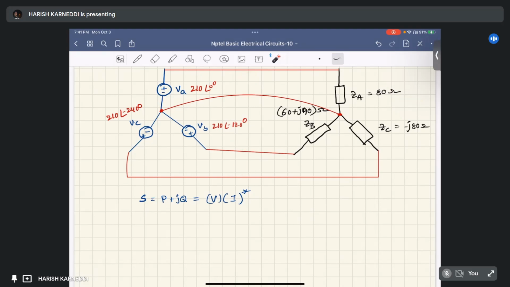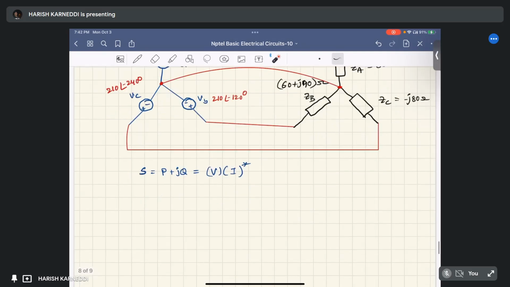So how can we calculate this current? The total voltage is applied across this impedance ZA, so we can find IA equal to VA by ZA. Why? Because this is a closed path. The total voltage VA is directly applied across the ZA terminals.